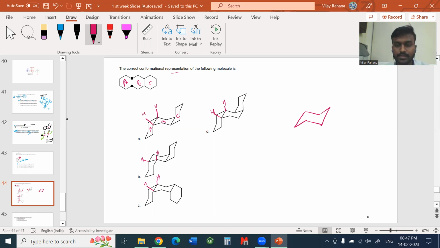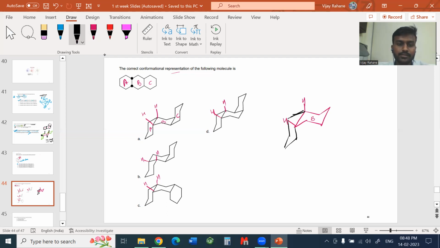So this one is the B ring, and here we can see the hydrogen is up. Here also hydrogen is up. So how will the B ring be? The A ring will be like this, right? And how will this C ring be?